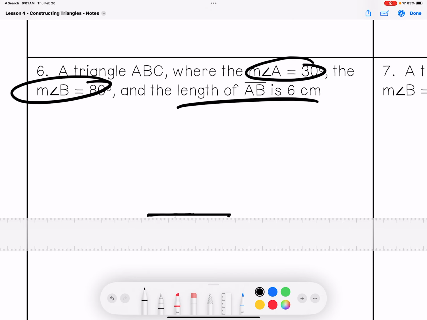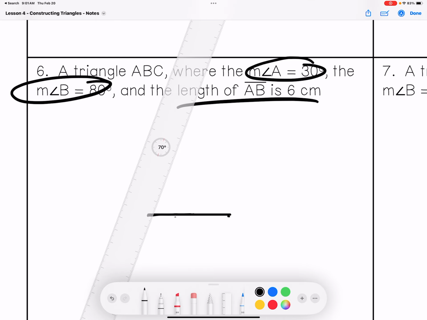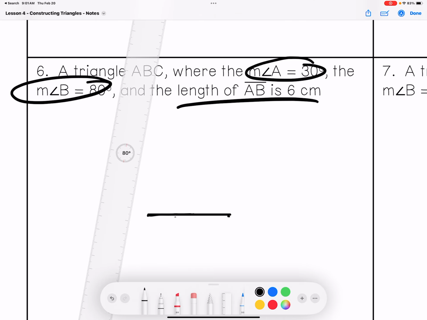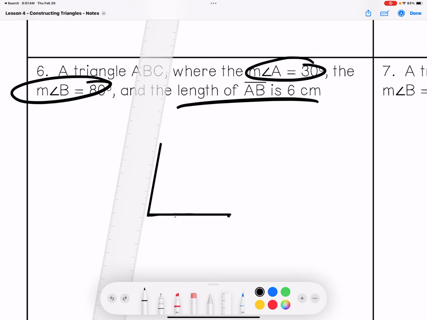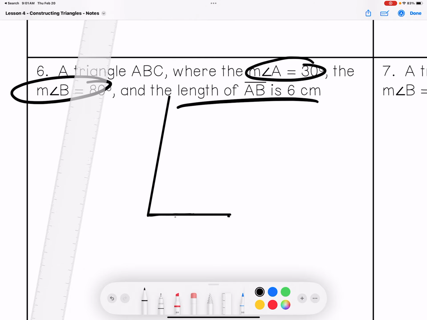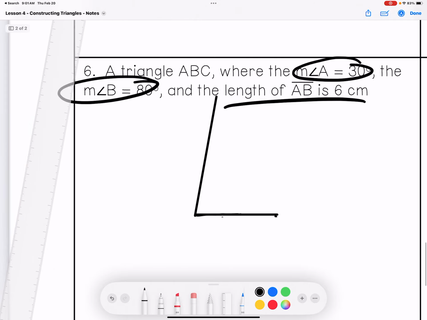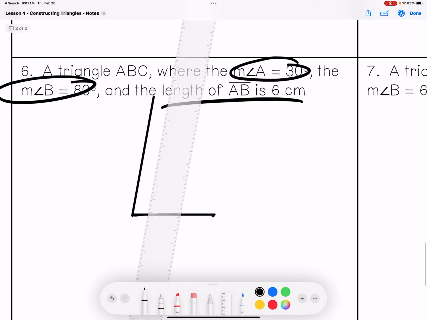That's our first one. Now the angle is 80. So I'm just going to go 80. Now this time I actually go to the end right there. And the other angle is 30. So I'm going to go the other way, 30. If I can get my ruler to do what I want it to do.